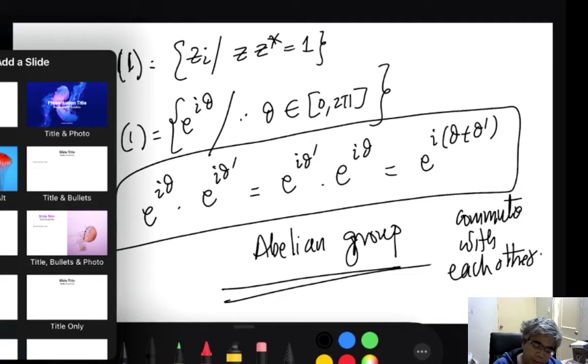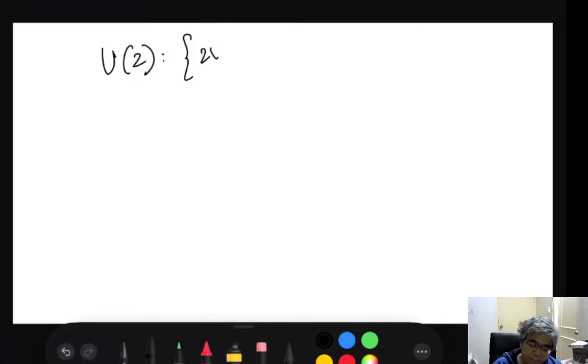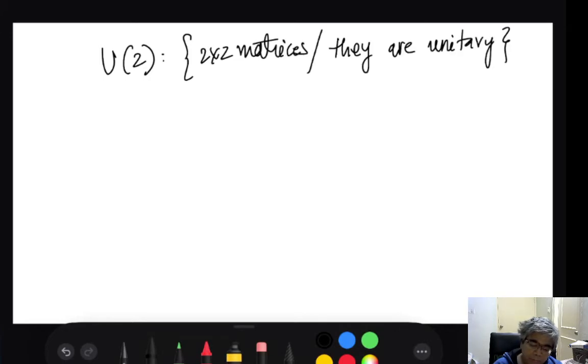U2, as we'll see now, is the set of all 2 by 2 matrices which are unitary. Let's define it.